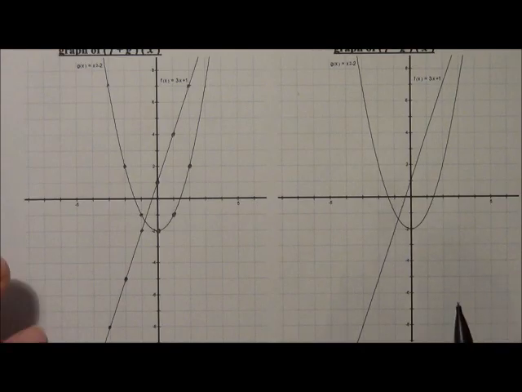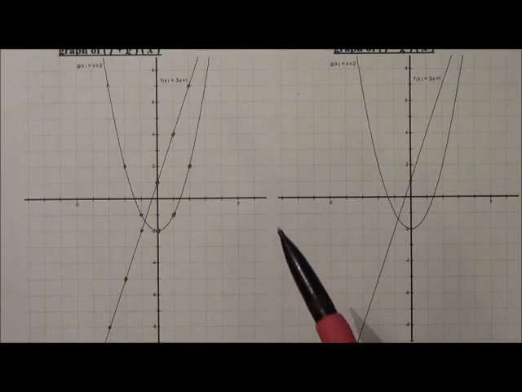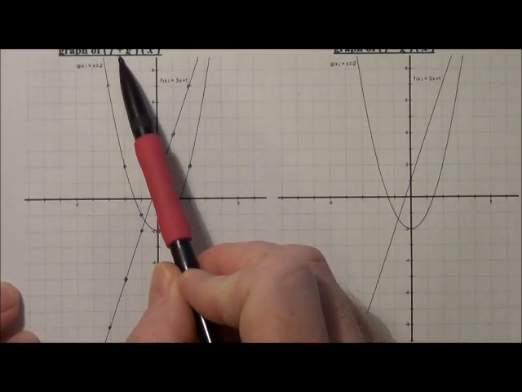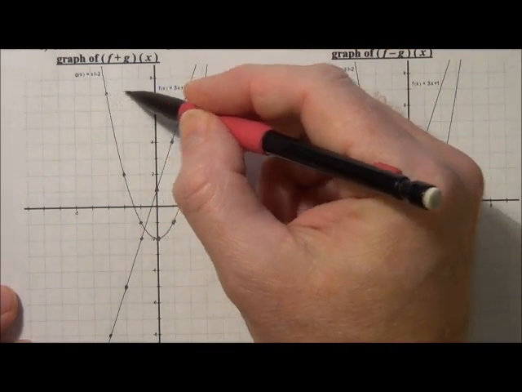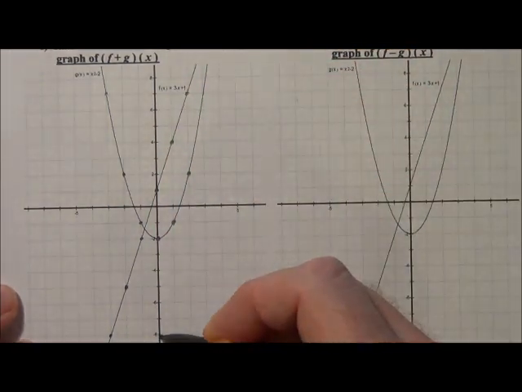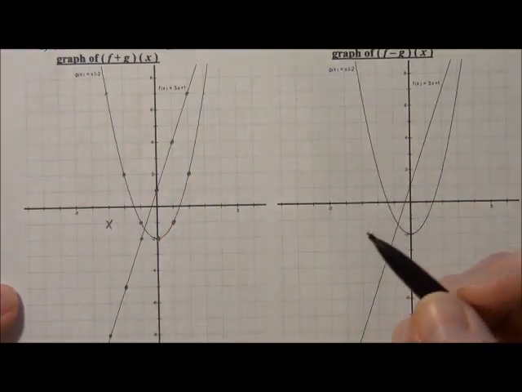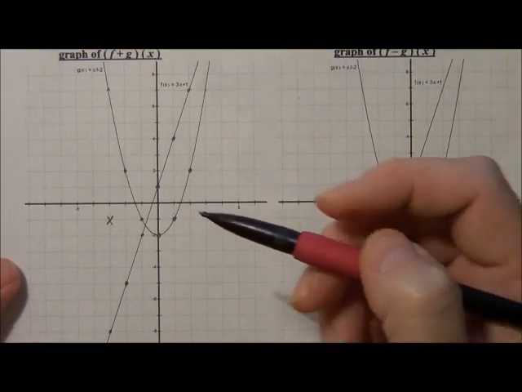combining functions. Okay, so now we'll just take those y values and we'll add those y values together, because we're doing the sum here of f plus g of x. So we've got 7 plus -8, which is -1. So I'll just put an x there, just to make it different than the points.